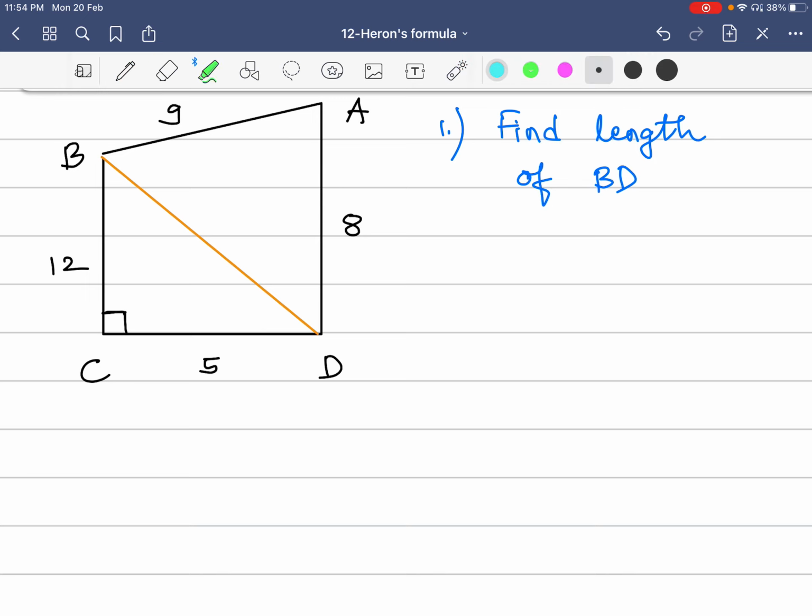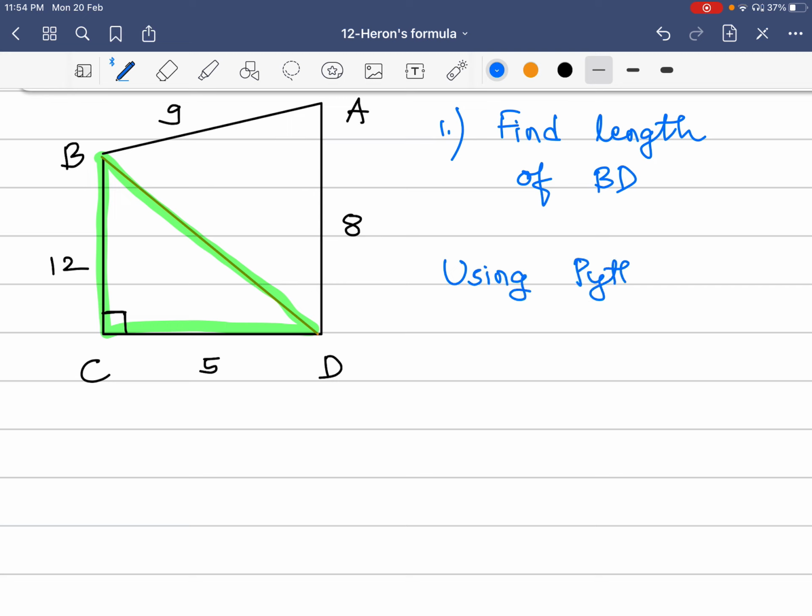So this is our triangle BCD, and we are given the key information that angle C is 90 degrees. If angle C is 90 degrees, then in this right angle triangle, we can use the Pythagoras theorem. Quite simple and straightforward.